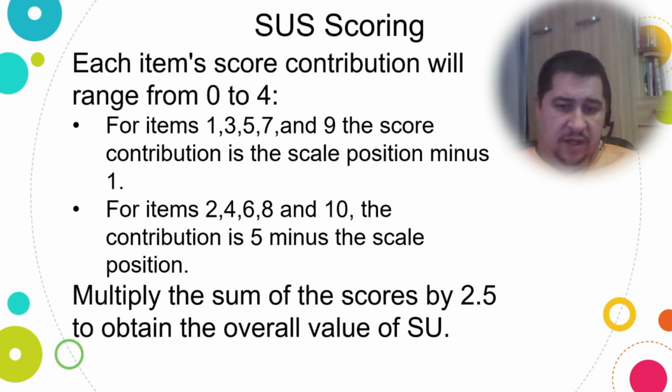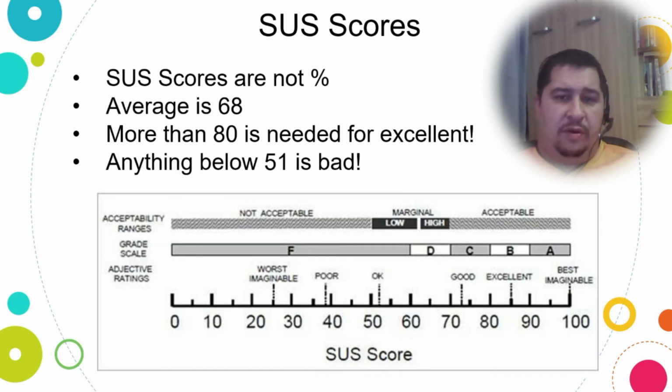You multiply the sum of the score by 2.5 and get your SUS score, which is very important to say that it's not percentage. The average SUS score is 68. More than 80 is needed for excellent. Anything below 51 is bad. So you can get these A, B, C, D, F grades and determine the score of your software product.